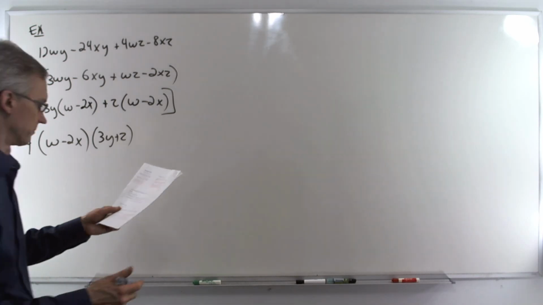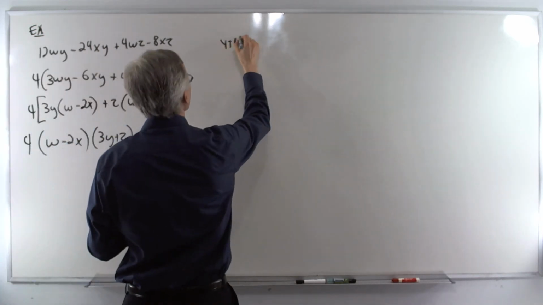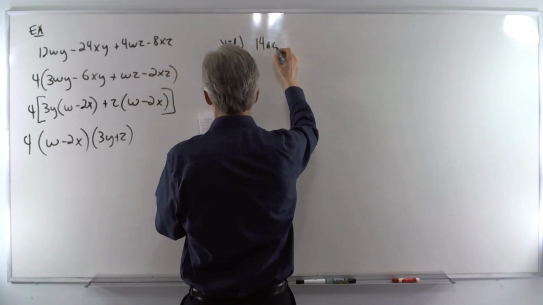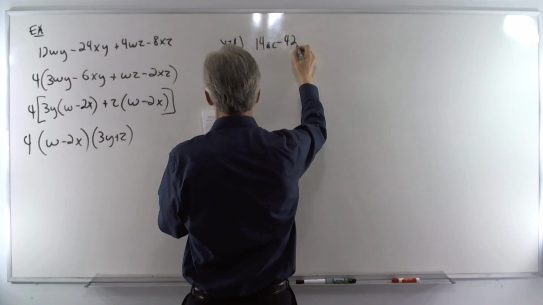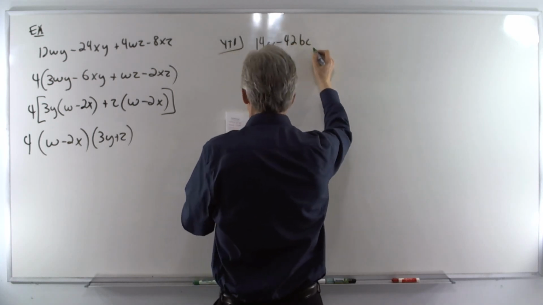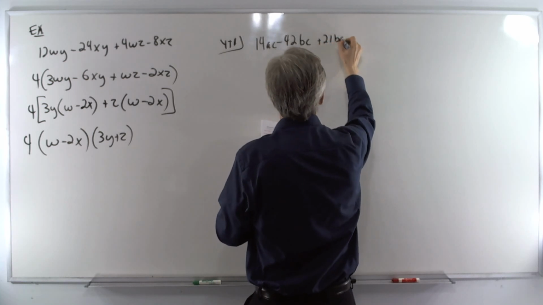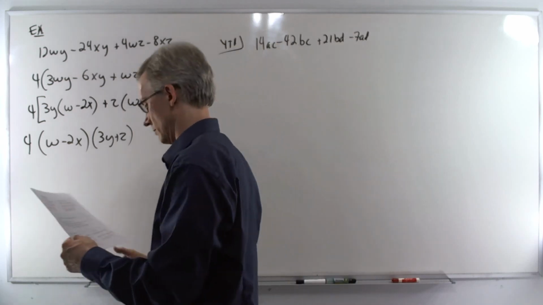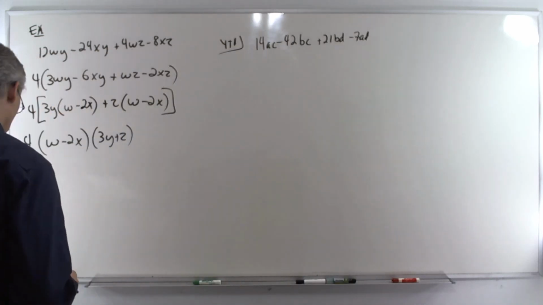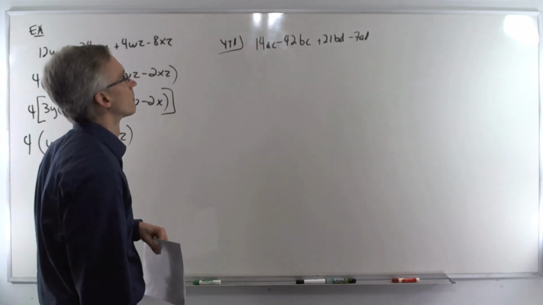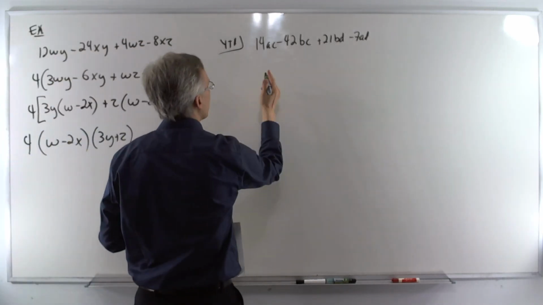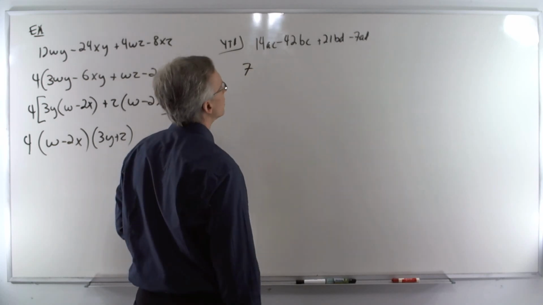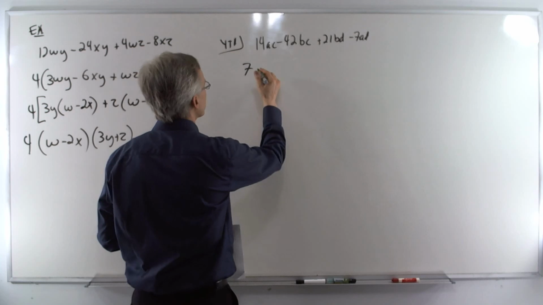Your turn, number 11. So out of this one, we have a GCF of 7. No variables in all 4 of them, so we don't have to factor out any variables.